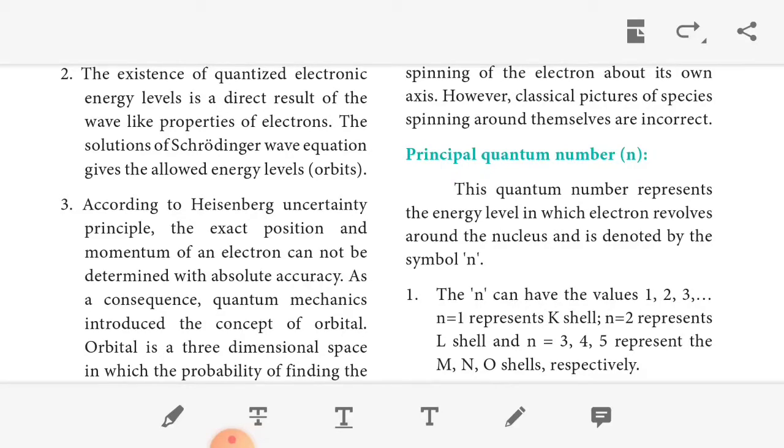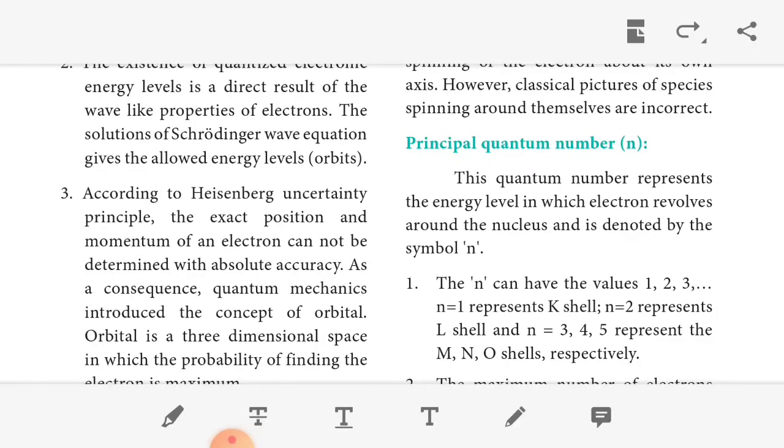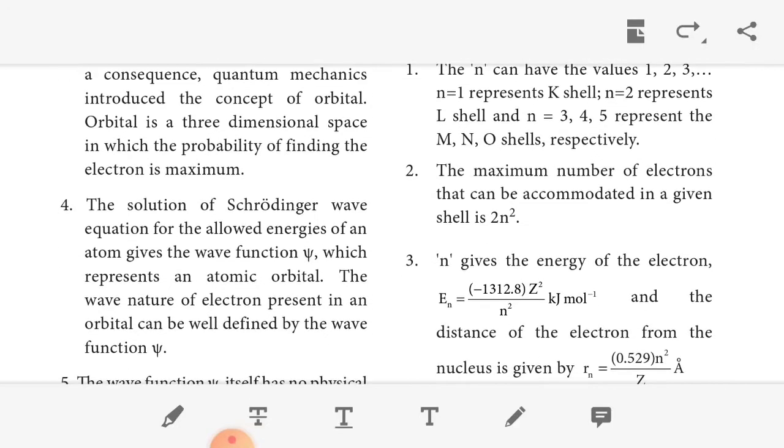So what is an orbital? An orbital is a three-dimensional space in which the probability of finding the electron of a given energy is maximum. It is called an orbital. Then fourth, the Schrödinger wave equation for the allowed energy of an atom gives the wave function psi. It represents the atomic orbital. The wave functions of electrons present in an orbit can be well defined.